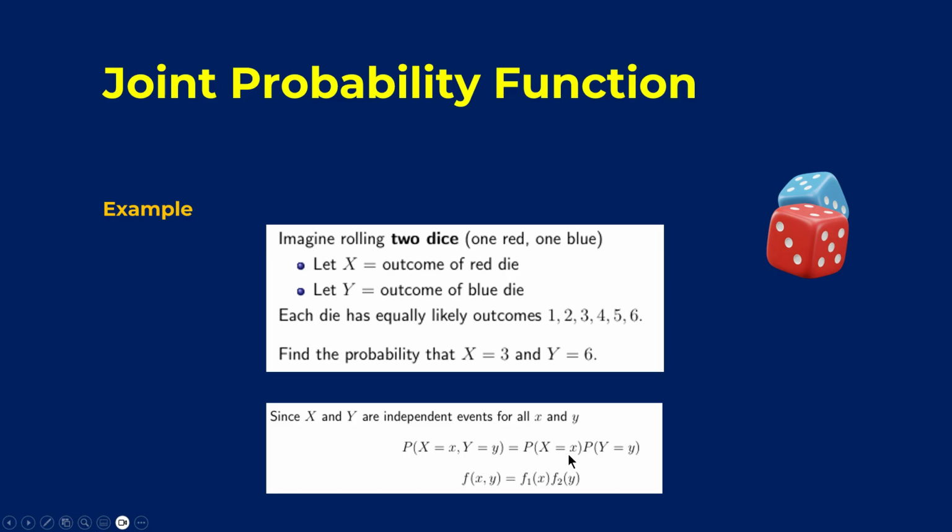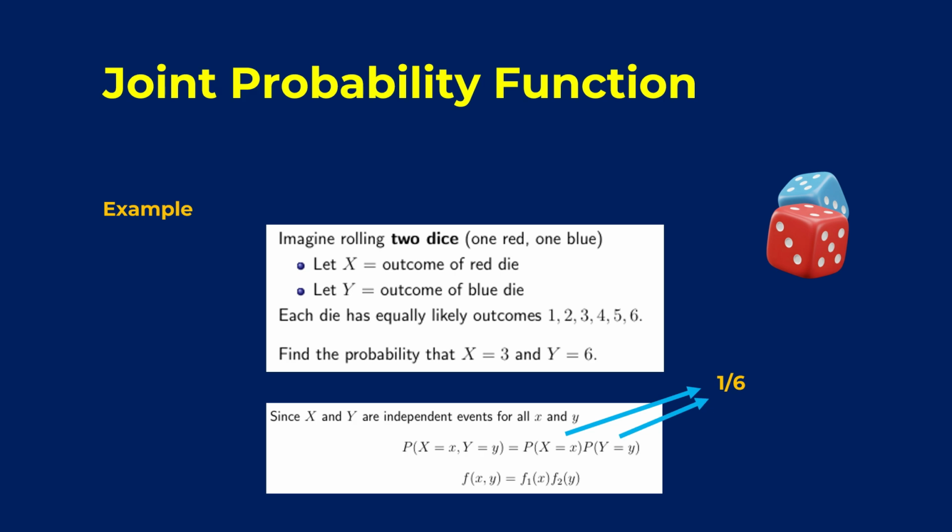And for the probability of x or the probability of y, we have solved this kind of example in the previous videos, which is just rolling a single die. Now we have 6 outcomes that are equally likely, so the probability of x or the probability of y will be 1 by 6.